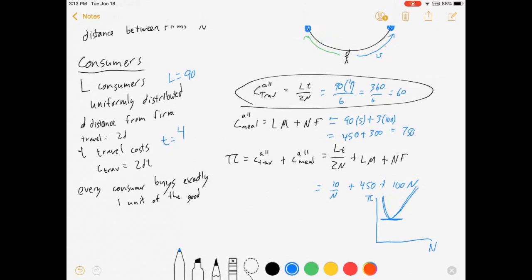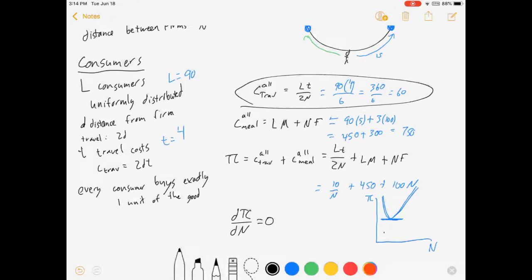So if I've taught you how to do calculus in this class, follow the next step. If not, you can skip to the result I give you. But I want to find the point where the slope is 0, where the derivative of this function is equal to 0. Now, how do I do that? Well, I can just use my power rule like always, but I want dTC over dN.